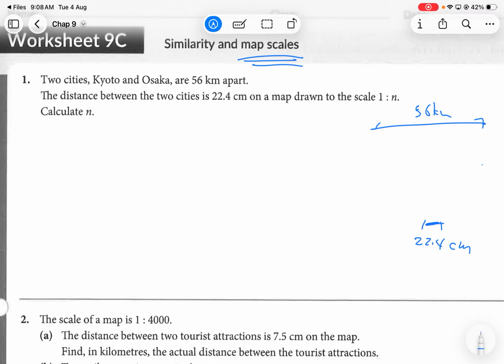22.4 represents 56 kilometers. So I can write it as 22.4 cm. The ratio is between 22.4 cm and 56 kilometers.